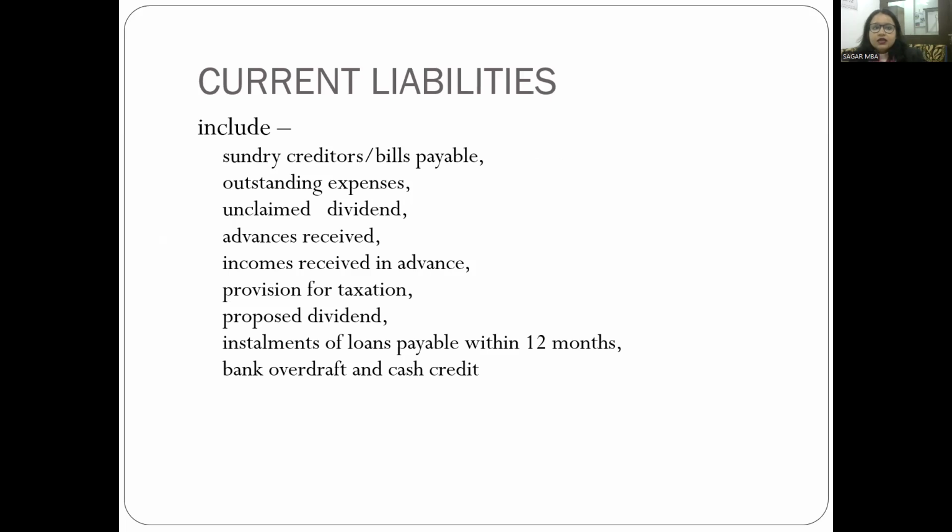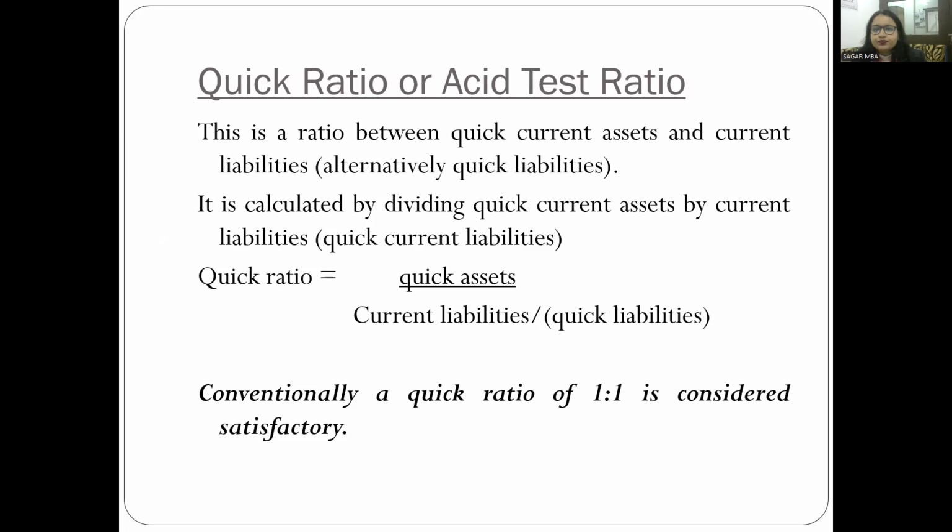Current liabilities are sundry creditors, bills payable, outstanding expenses, unclaimed dividend, advance received, income received in advance, provision for taxation, provision for dividend, installments of loans payable within 12 months, bank overdraft, and cash credit.